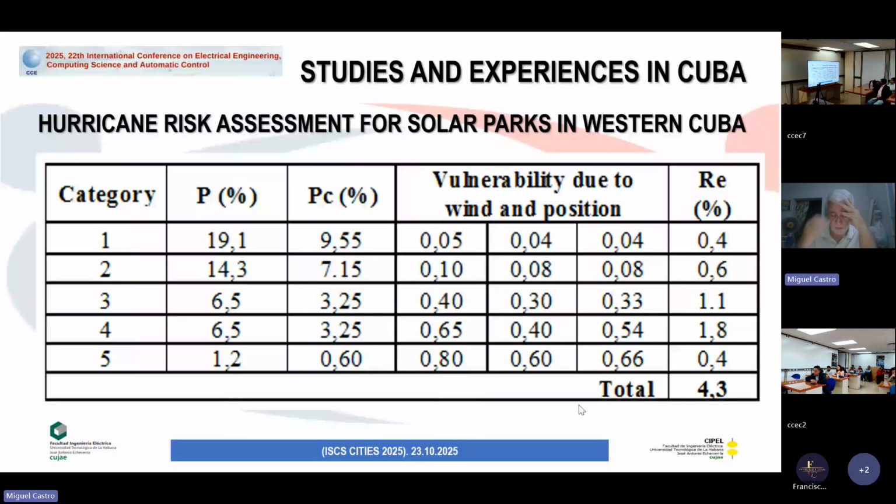And as a conclusion, the total expected annual loss due to the strong winds that accompany hurricanes is approximately 4.3% of the PV value, considering that the assumed annual loss due to panel deterioration, which has a lifespan of 25 years, is 4%. The estimated annual losses due to this natural hazard are comparable to these losses, which is a positive factor in favor of the construction of photovoltaic solar parks.